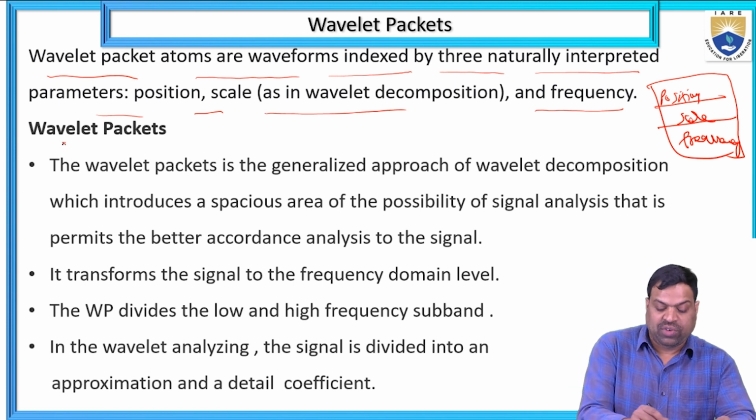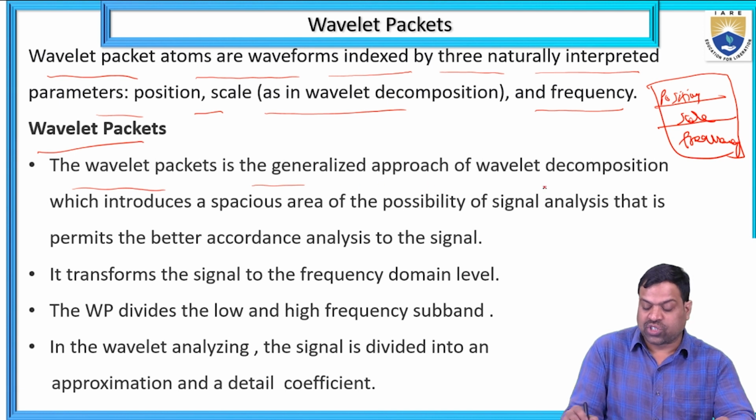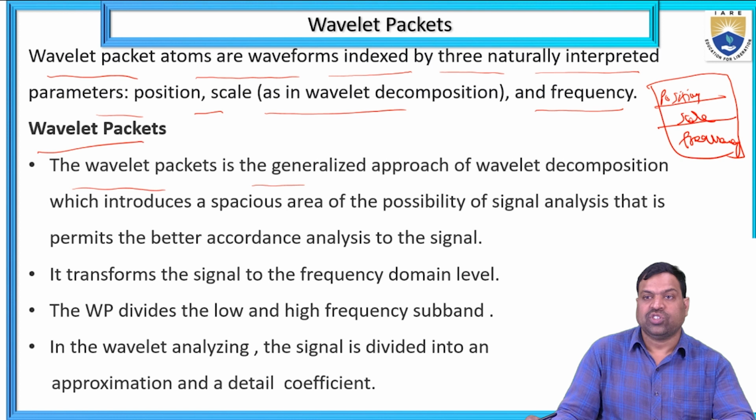So what is a wavelet packet? A wavelet packet is a generalized approach of wavelet decomposition, which introduces a spacious area of possibility of signal analysis that permits better accordance of the analysis to the signal, and it transforms the signal to the frequency domain level.